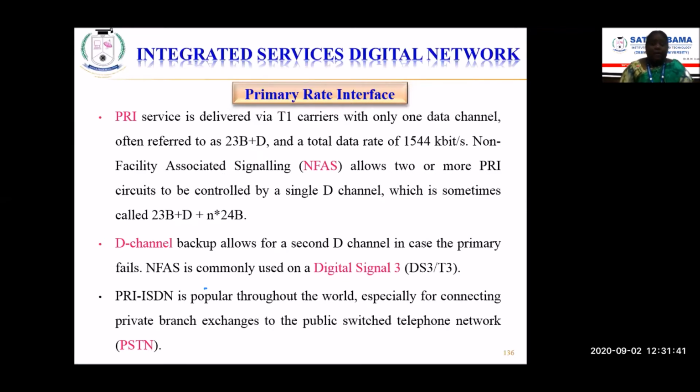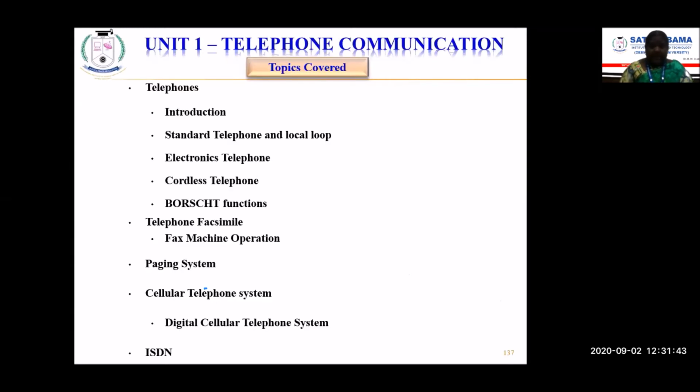Now let's have a quick recap of the topics we have covered in unit number 1. We started with the introduction to telephones, the standard telephone and the local loop, and the electronic telephone in detail: the internal circuit diagram, architecture, functionality, and everything.